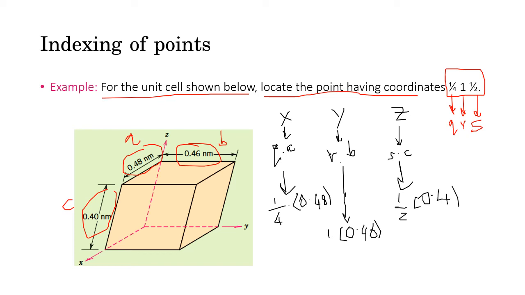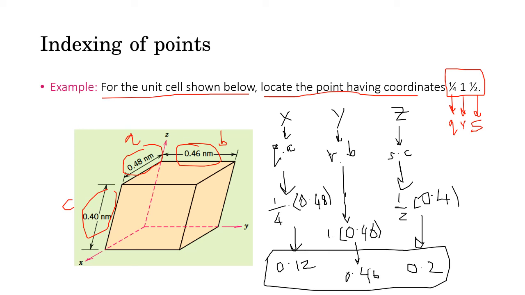Okay, so that's how we calculate the fraction of edge length. The calculations are 1/4 of 0.48 comes out to be 0.12, 1 into 0.46 is 0.46, and half of 0.4 is 0.2. Those are the coordinates of the point that we want to locate.